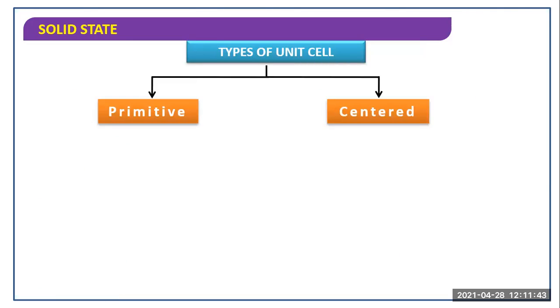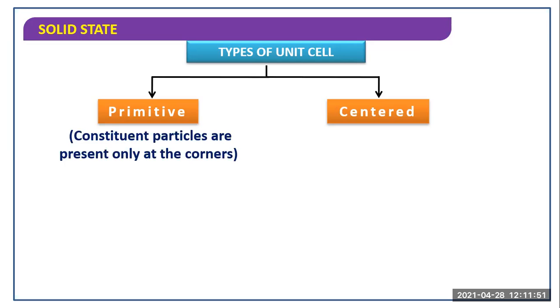And type of the unit cell, it may be primitive and centered. Okay, primitive and centered. Primitive constituent particles are present only at the corner. That's mean যে unit cell আমি এখন যেটা দেখলাম প্রত্যেকটা কর্নারে একটা করে অ্যাটম আছে, তার মানে এটা হলো primitive. This is primitive.